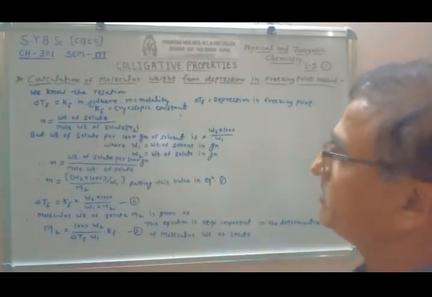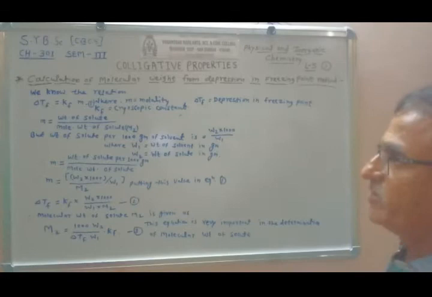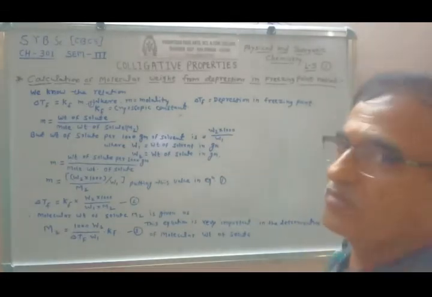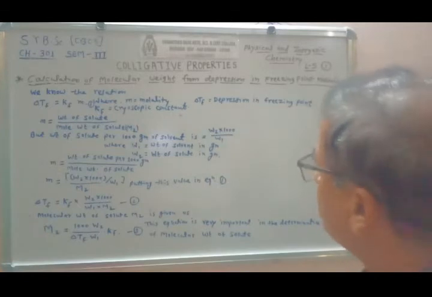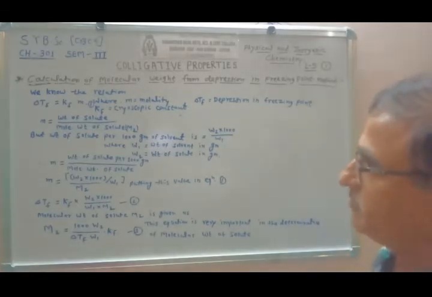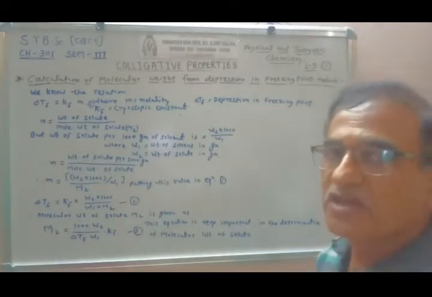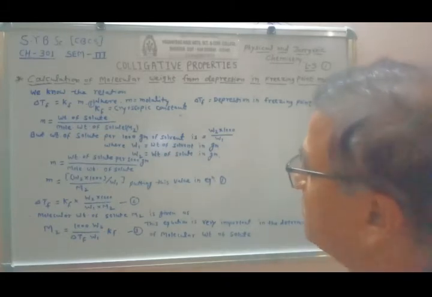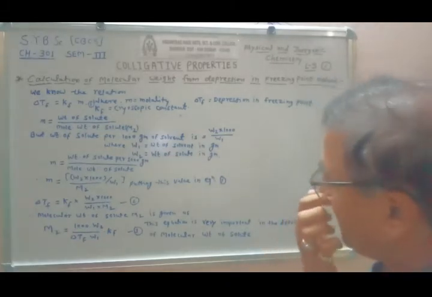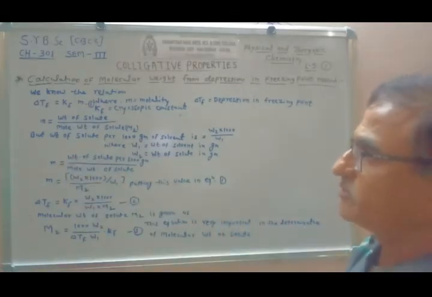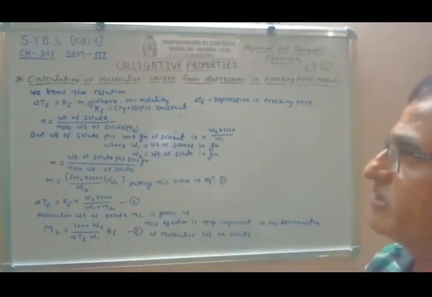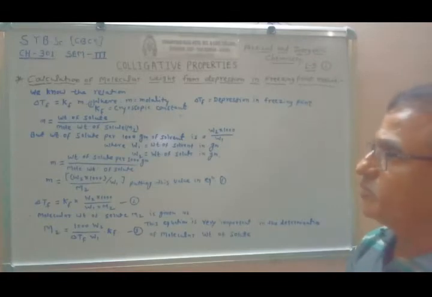delta Tf is equal to Kf into m, where m is the molality and delta Tf is the depression in freezing point. Kf is the cryoscopic constant. But m is equal to weight of solute divided by molecular weight of solute, M2.